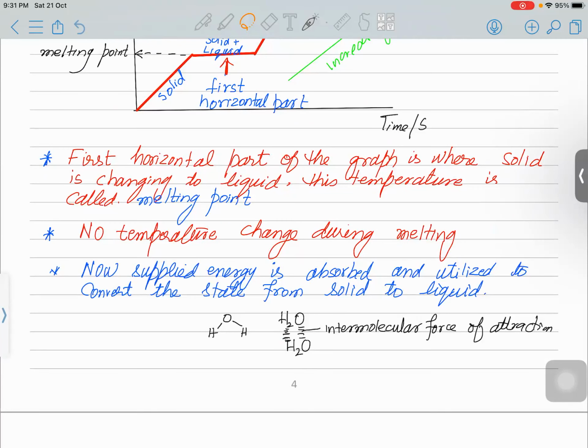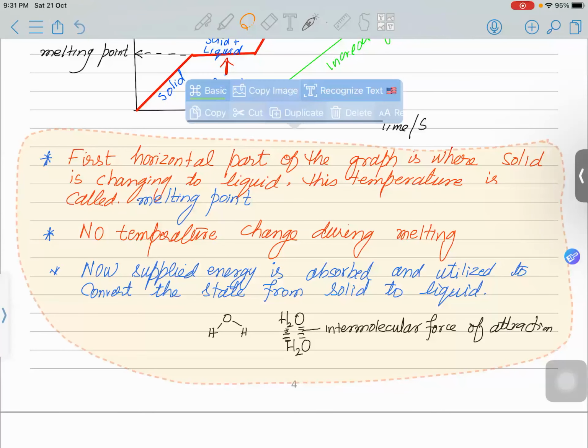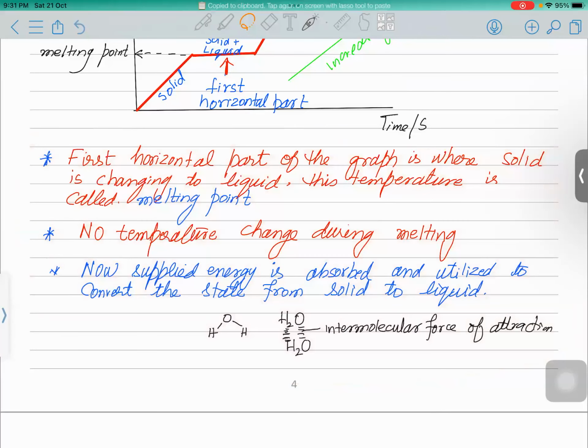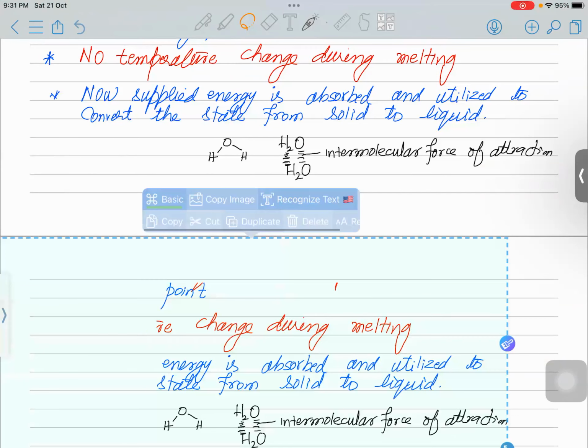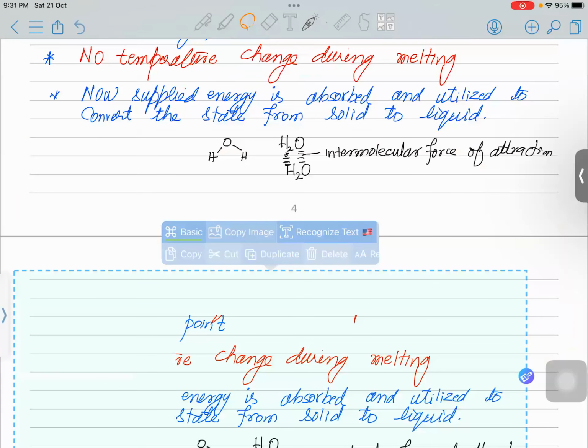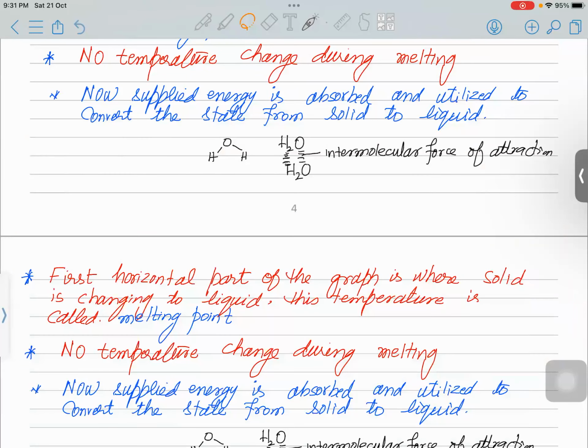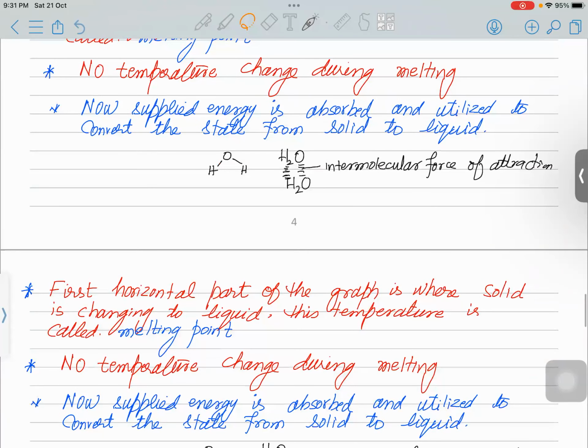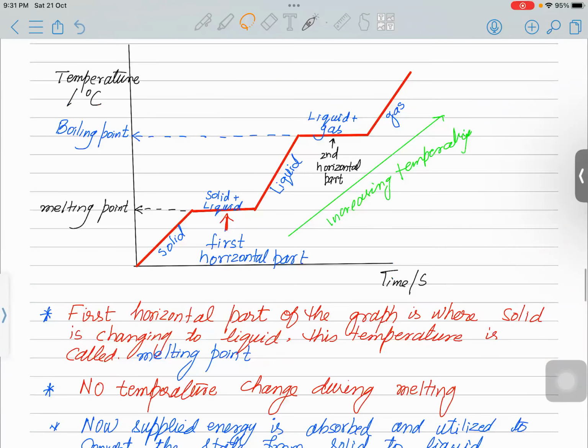Now, the second horizontal line. You can see that here we still have the same constant temperature. Again, this energy is utilized to convert the liquid into gas.